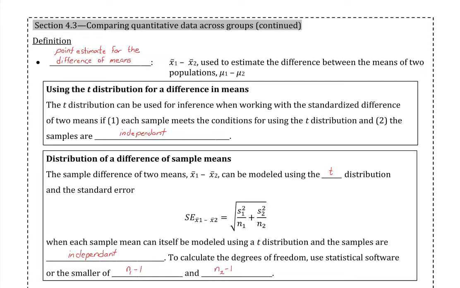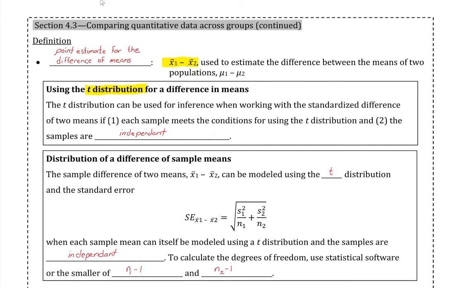In this video, we would like to discuss how we can estimate the difference of two means. A good point estimate for the difference of means is the difference of sample means. To estimate the difference of two means, we will use the t-distribution.